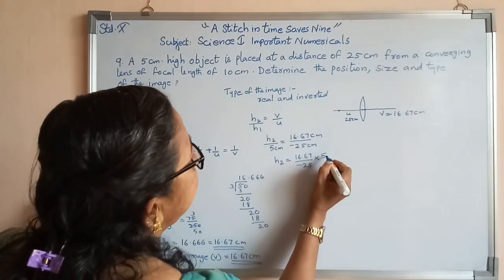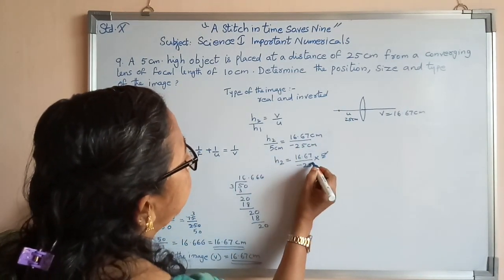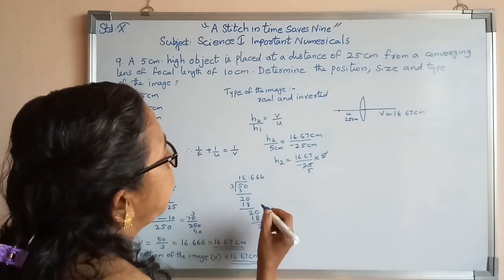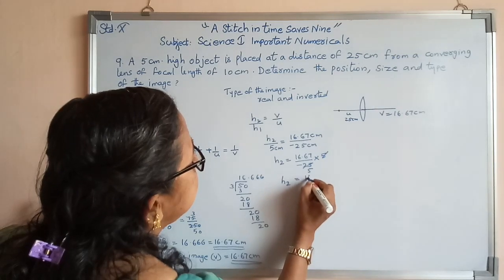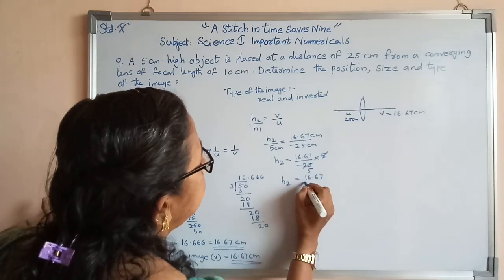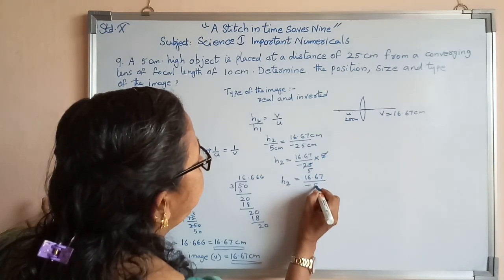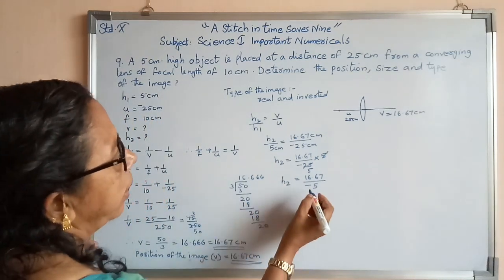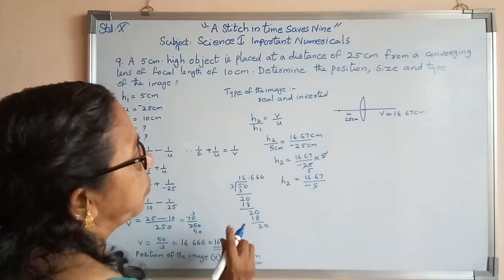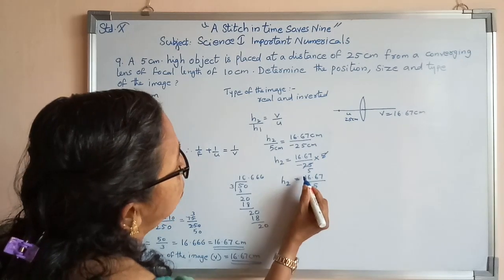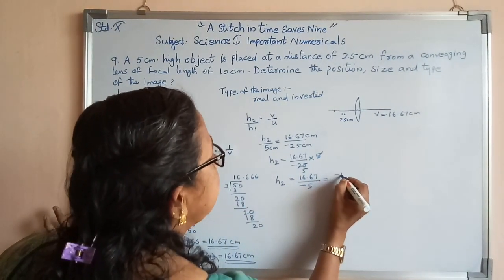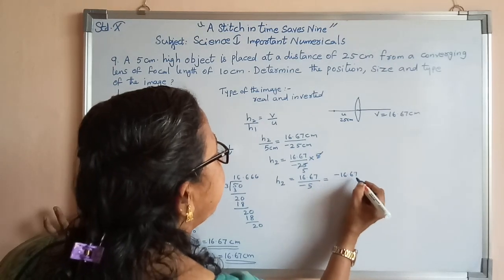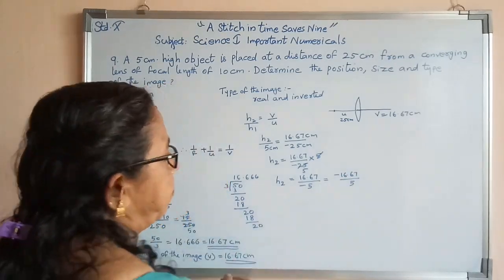After that we can cancel: 5 in 25, 5 times will go. So our answer now, H2 is equal to 16.67 upon minus 5. Whether you write the minus here or here, it is one and the same meaning, so we can write it as minus 16.67 upon 5.